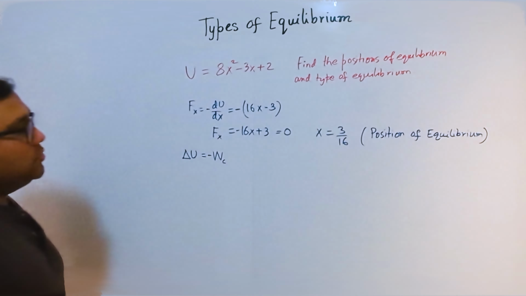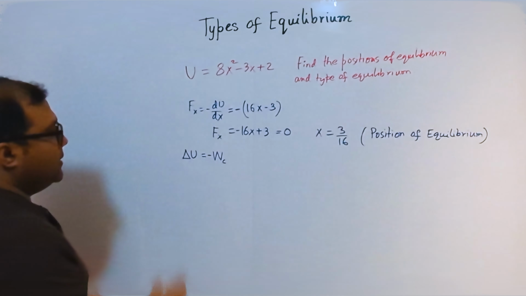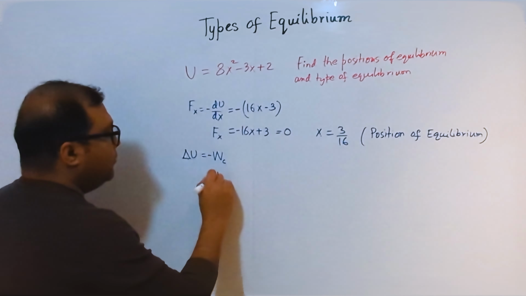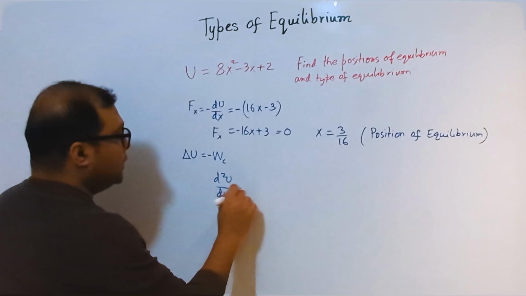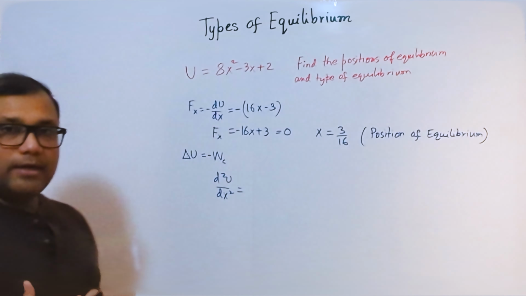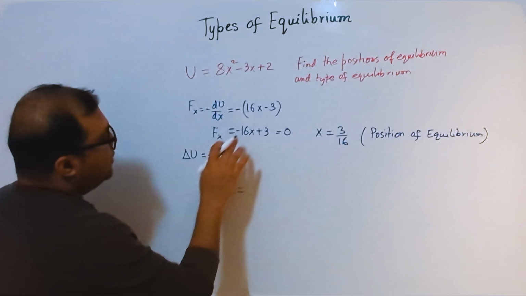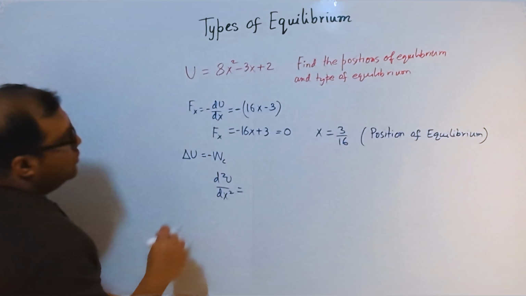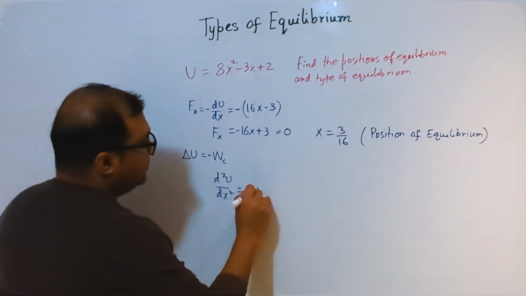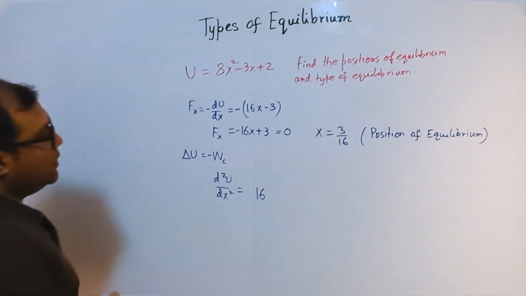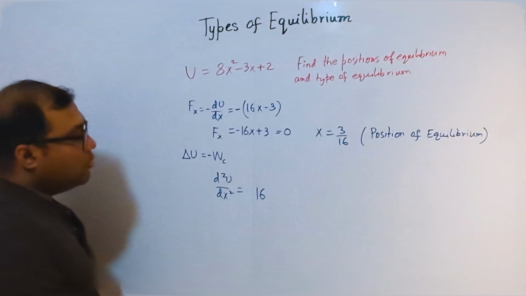Now at x equals 3 by 16, what is the type of equilibrium? To find the type of equilibrium, we will find d square U dx square and find out its value, whether it is positive, negative or 0 at that x. So dU dx was 16x minus 3, d square U dx square will be 16, and it looks like it is a constant.